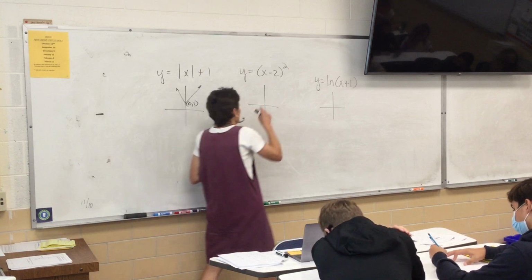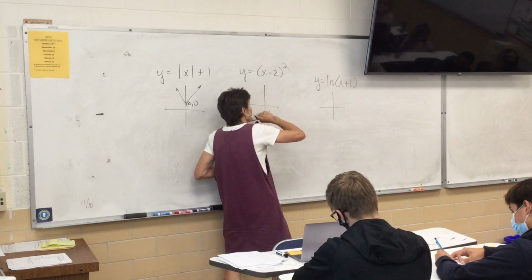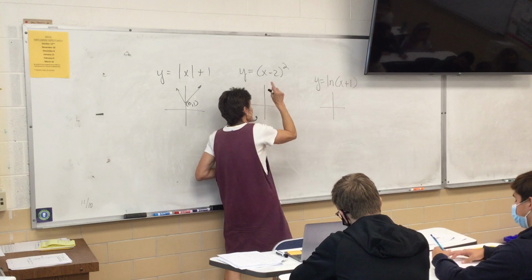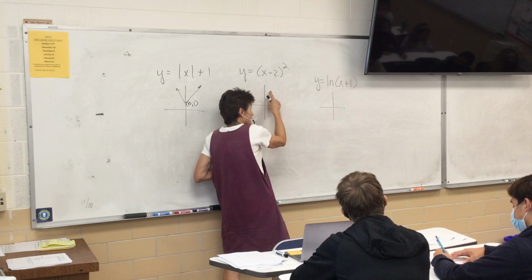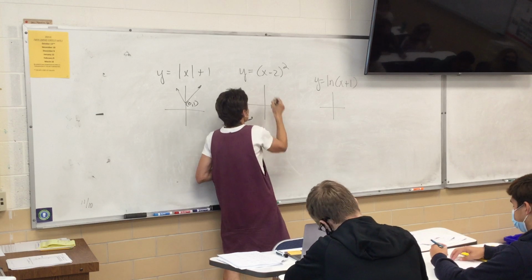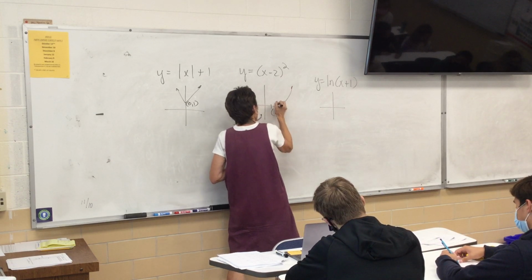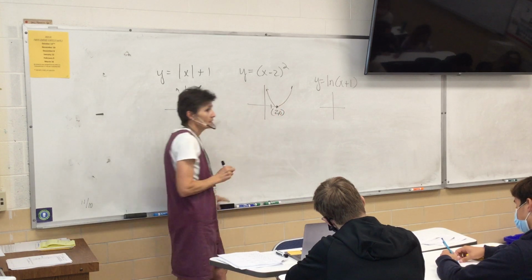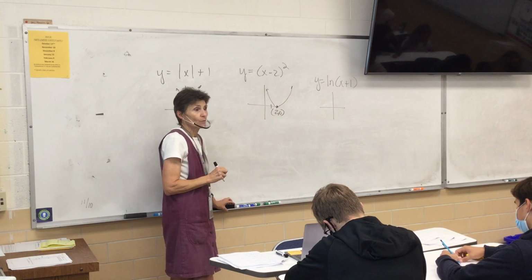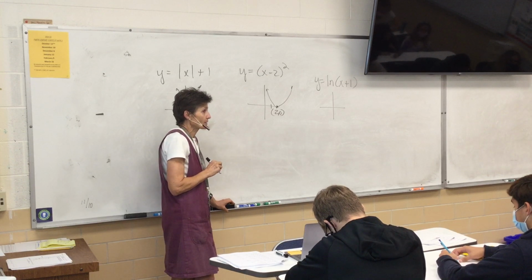Now, which way? These are going left and right. Which way is this one going? To the right. So it's going to be a parabola opening to the right, or opening up, but 2 units to the right.